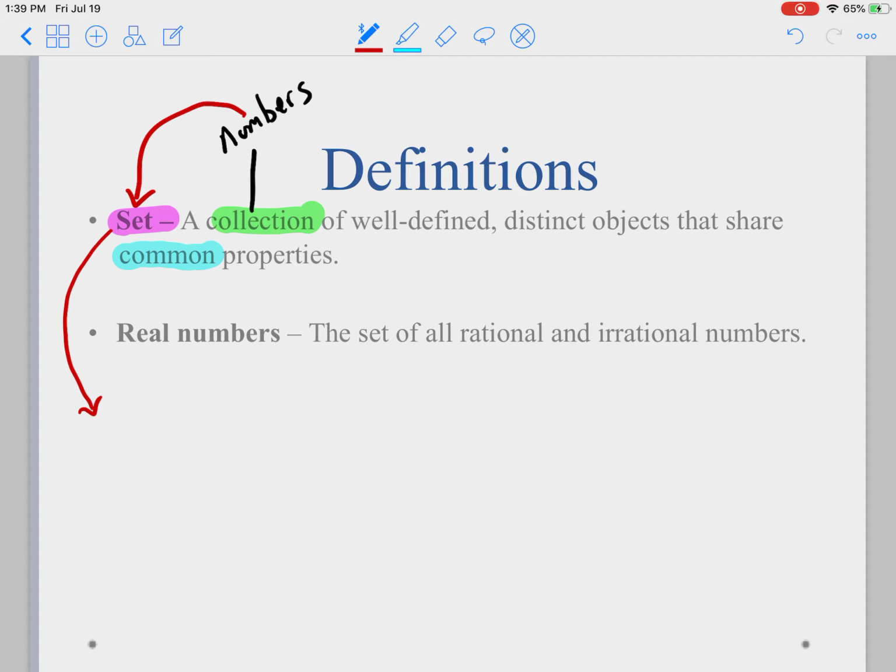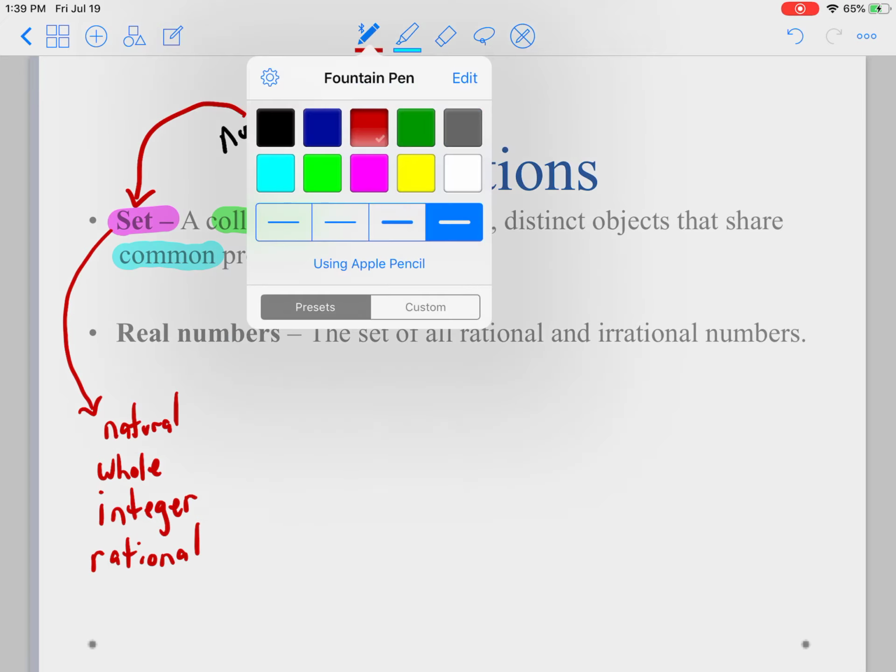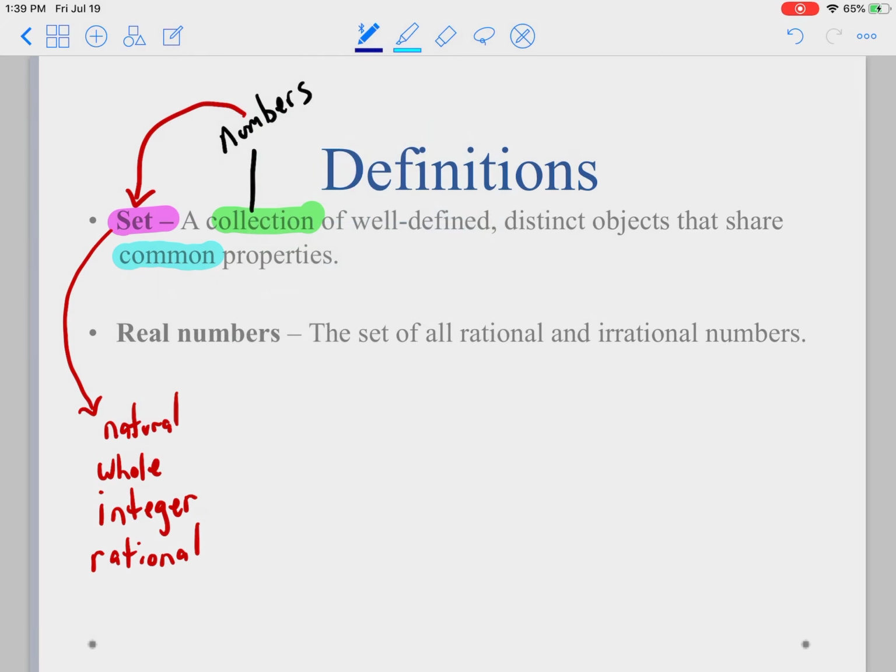And those names that we are giving our sets are natural, whole, integer, rational, and then I'm going to specifically write irrational in a different color because it is not included in the set of these other numbers.